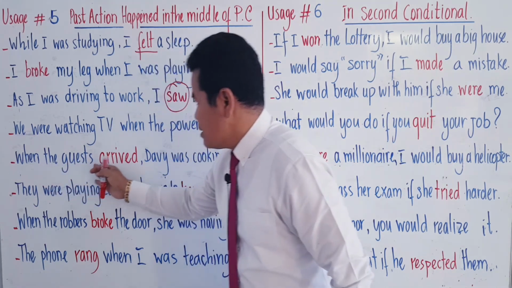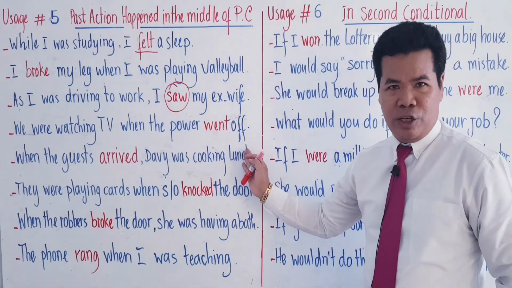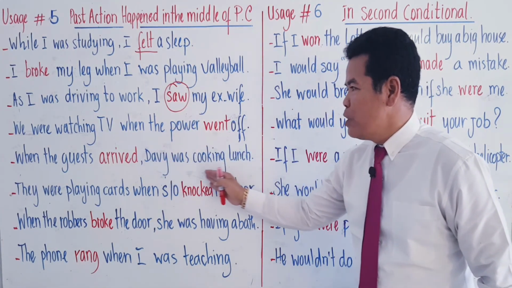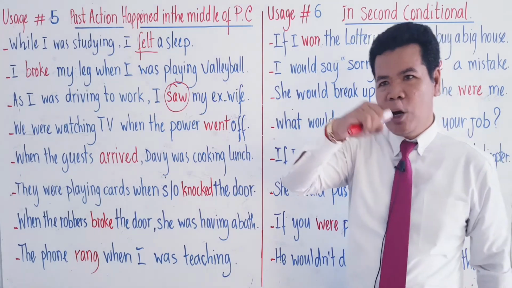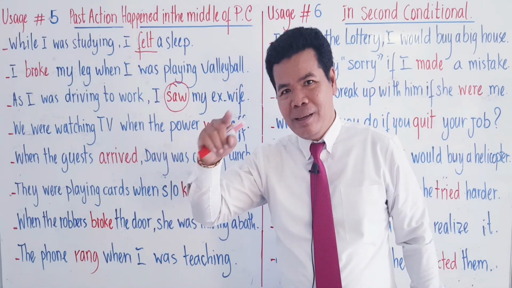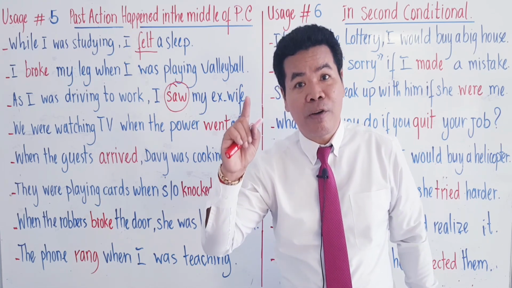When the guests arrived, Debbie was cooking lunch. So the action Debbie was cooking lunch was going on like that. Okay? And then the action of the past happened. The guests arrived.